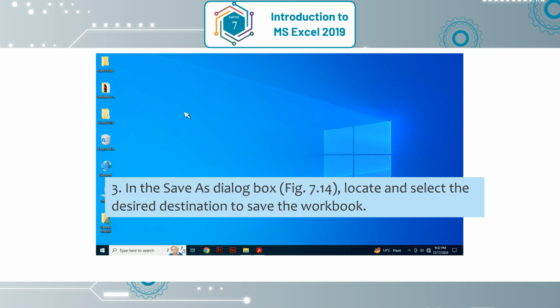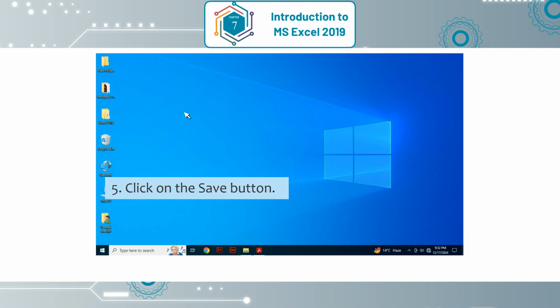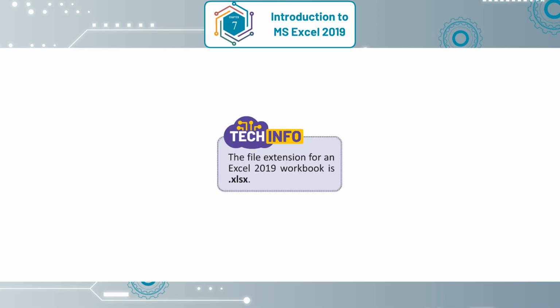In the Save As dialog box, locate and select the desired destination to save the workbook. 4. In the File Name text box, type a suitable name. 5. Click on the Save button. The workbook will be saved with the specified name in the chosen location. Tech Info. The file extension for an Excel 2019 workbook is .xlsx.